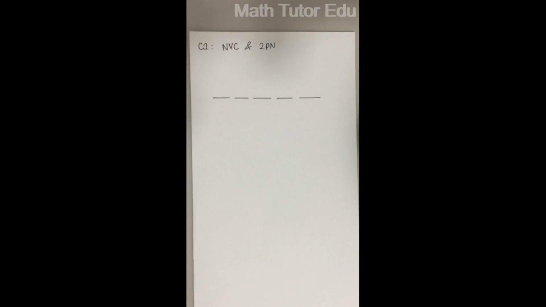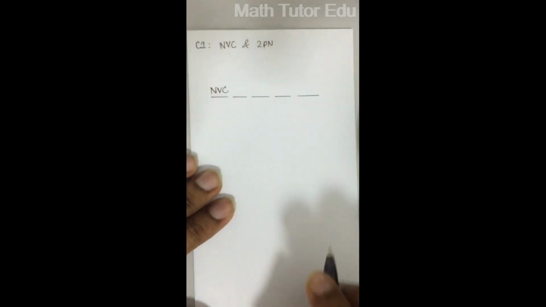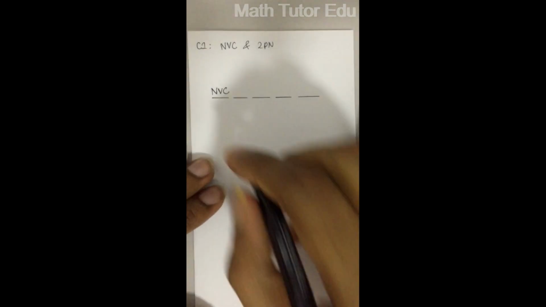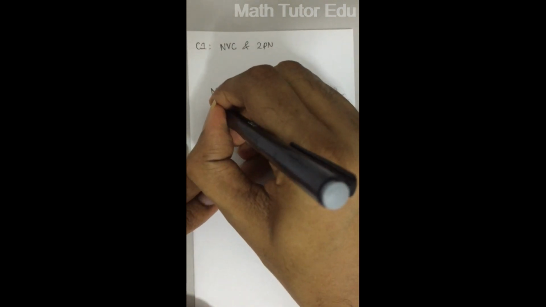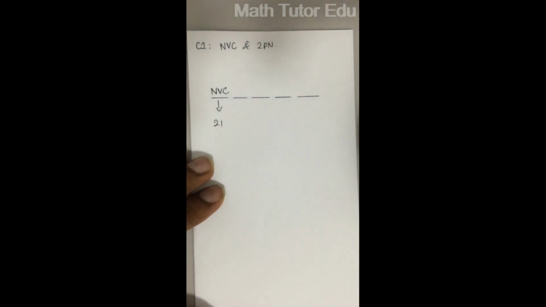That means numbers can be repeated, and letters can be repeated. So for case 1, you place a non-vowel capital letter over here, NVC. The total number of non-vowel capital letters you have is 21. So over here you have 21 outcomes in your first character.